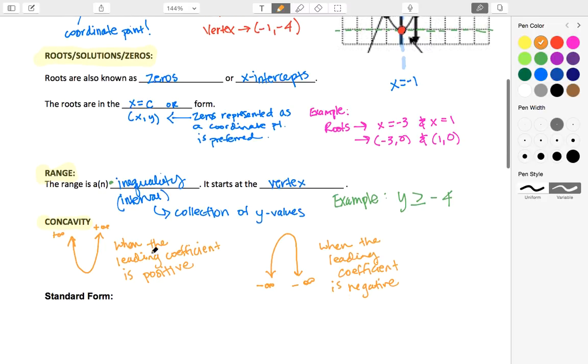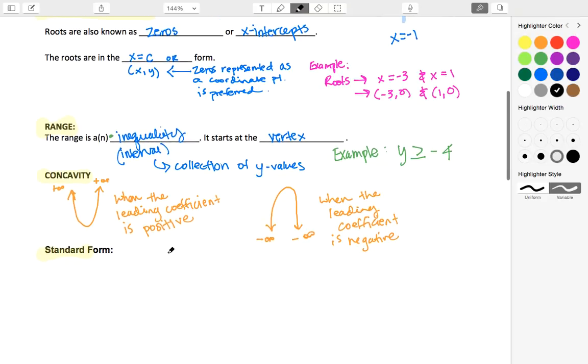So in other words, the leading coefficient is the a value when we are writing our quadratic in standard form. So just so you all can see that as well, standard form is ax squared plus bx plus c, and usually that would be equal to 0.